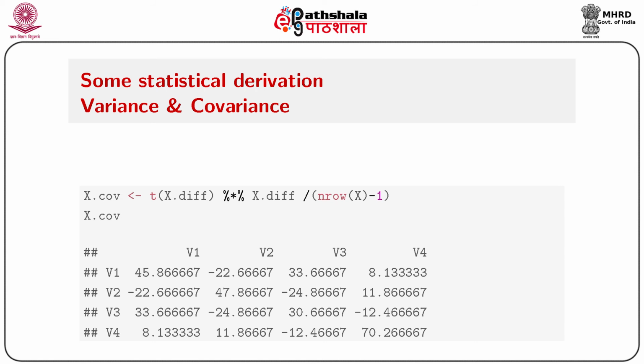See, the x covariance can then be derived from the x.diff variable that we have defined, that is the deviation variable. That is the transpose of x.diff, then matrix multiplication with x.diff, divided by the number of rows of x minus 1, that is n minus 1 that we normally divide by, and that will give you the covariance matrix x.cov.